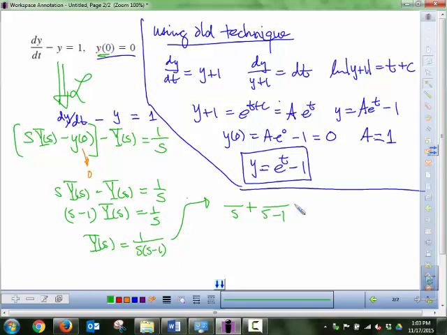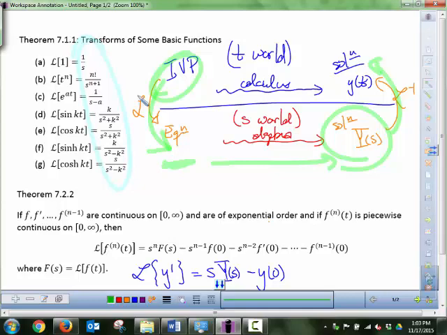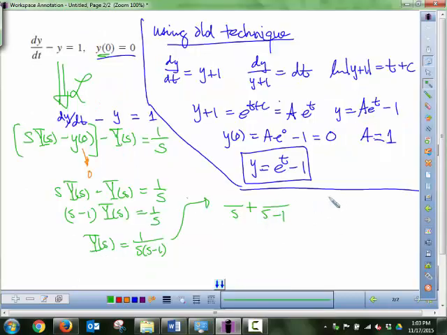So we need to just be able to separate it, and then something over s minus 1 looks like something over s and something over s minus 1. That's 1 over s minus a here. So if we can successfully get those numbers, then we can use this to inverse transform back to the real world. All right, let's take a look at some techniques for partial fractions.